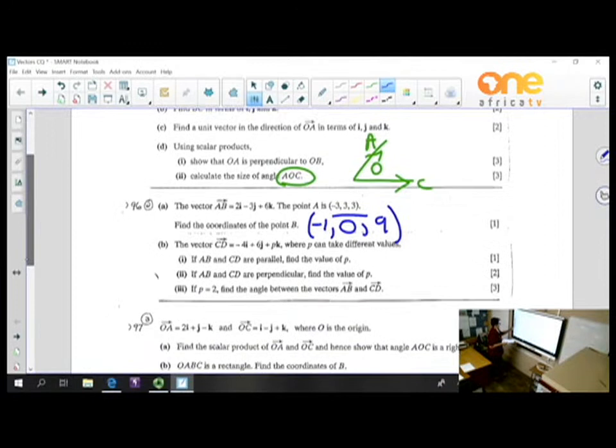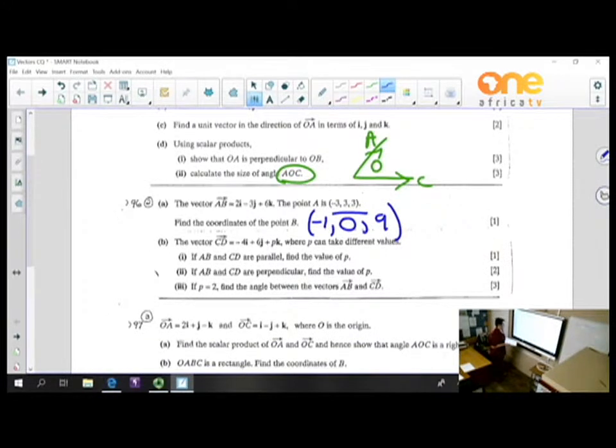Right, the next one. The vector CD, where P can take different values. Now, this is a very interesting question. We've seen that they've asked it several times. What happens if vectors are parallel? They can even go in different directions and then they are still parallel, but the one is multiplied with a scalar. We need to find a scalar with which you multiply the whole vector.